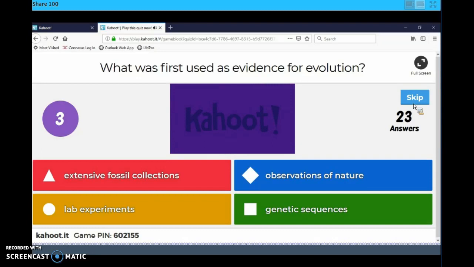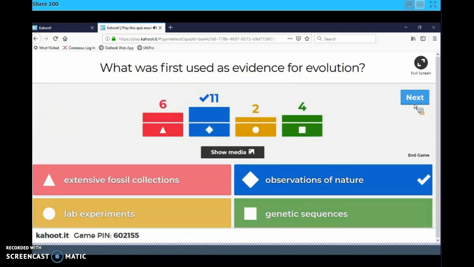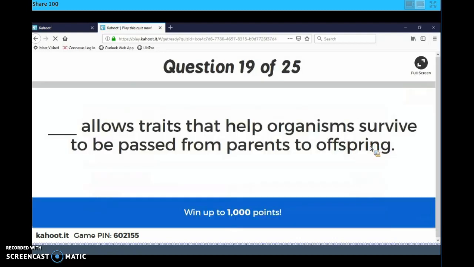But the first was really just observing nature. So, noticing that certain organisms looked more alike than other organisms, noticing that some organisms were different depending on where they lived, that kind of thing.